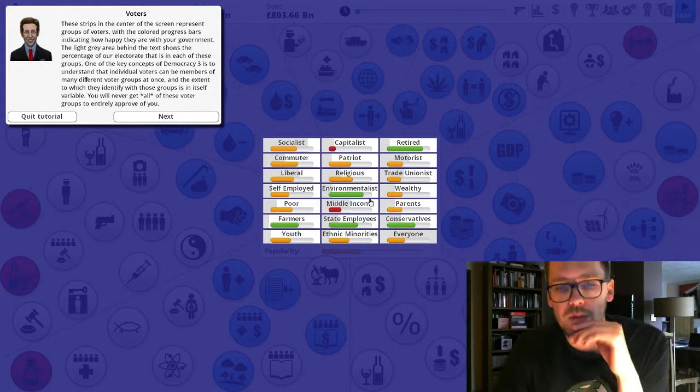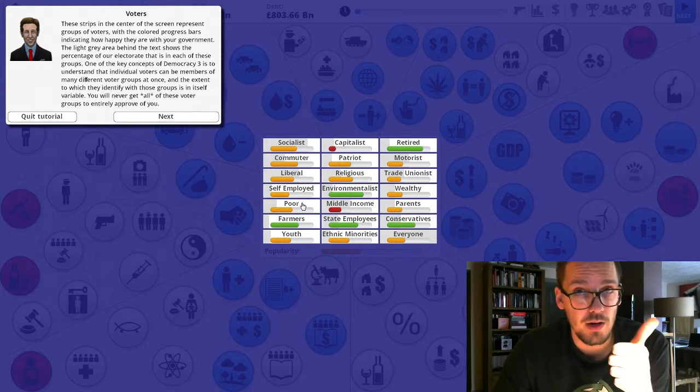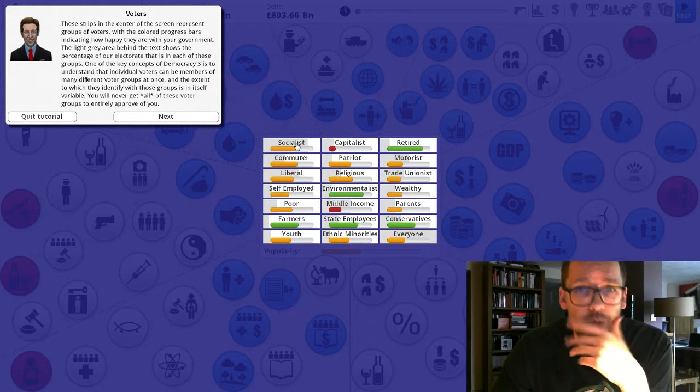Okay, that seems fair. So you can be a socialist, and a commuter, and religious, and an environmentalist, and poor. Which sounds like most people at art school. Yeah, go with it. Which is where I go to school, by the way.